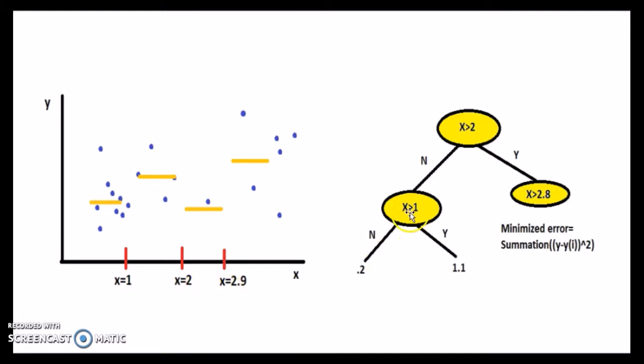Now, we make a decision tree as shown in the figure for each partition region. We calculate the sum of squared error, which is a mean squared error at each split point between the predicted value and the actual values. The variable resulting in minimum error is selected for the node.